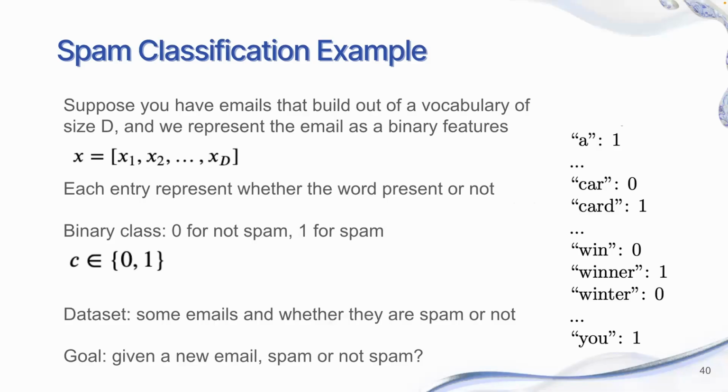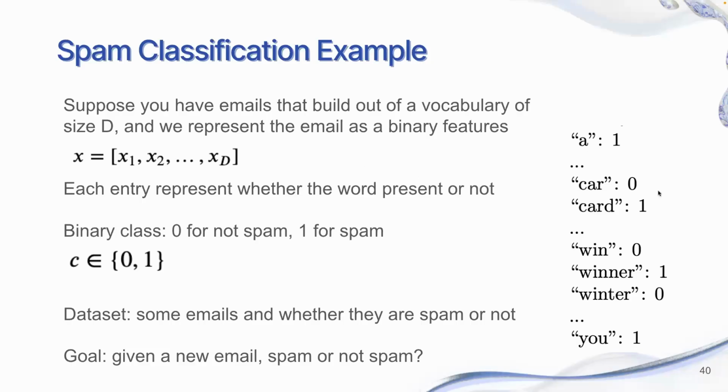So now let's do a more interesting example, which is spam classification. Suppose you have an email, which is built out from some sort of vocabulary of size D. So you have D different words you can use, right? And we represent this email just as a binary feature. So just see the image here.